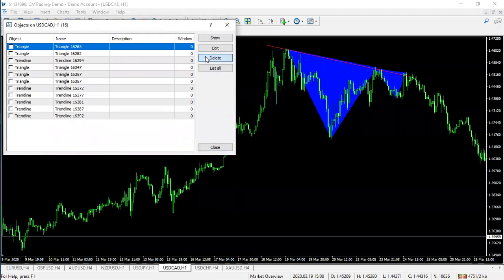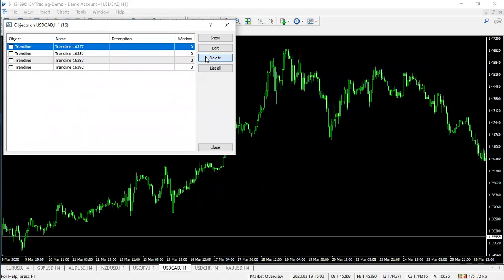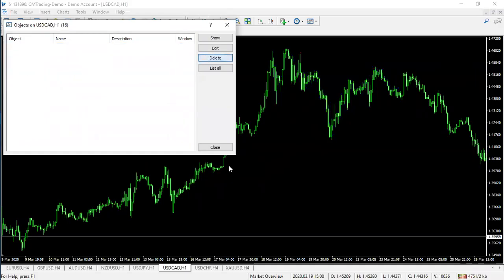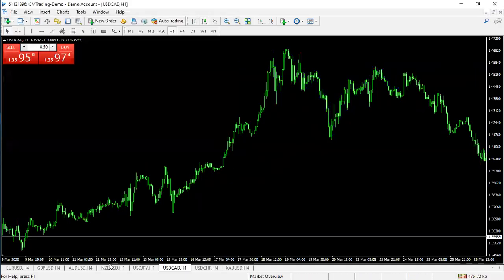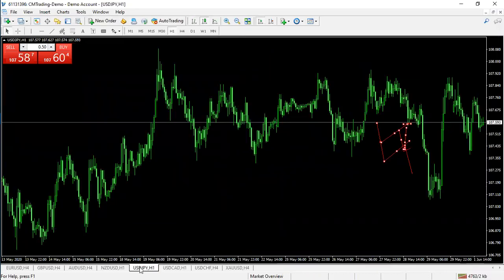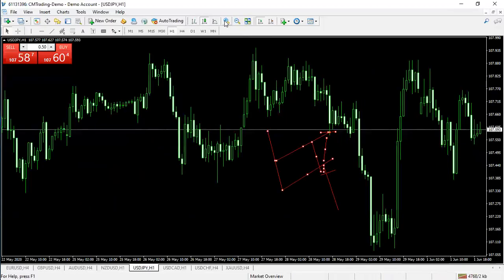So what happens with the triple tops and double tops? There's also a neckline, or there's always a confirmation we look for. I had seen one on USD/JPY. Okay, yeah. So, for example, this.